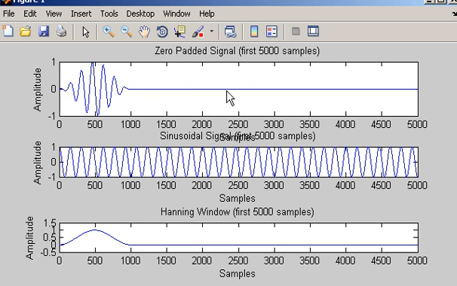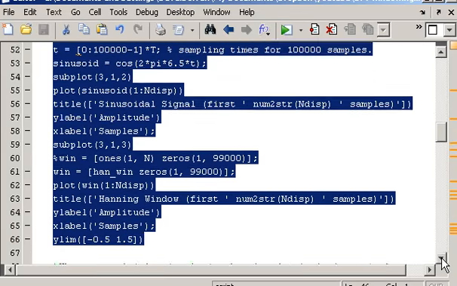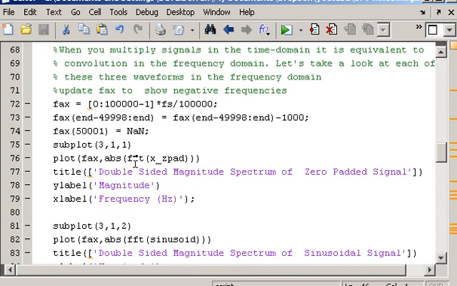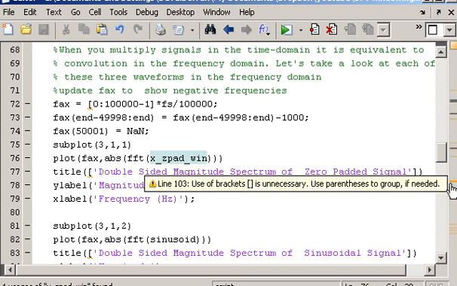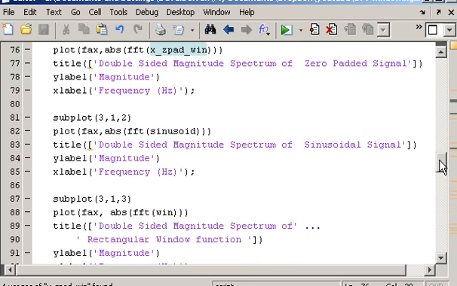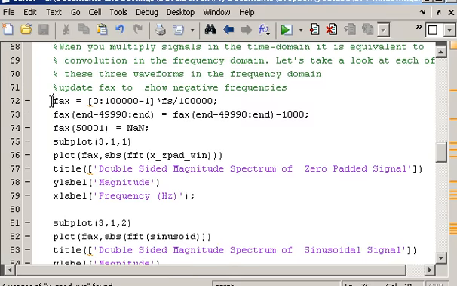Now let's go back in here and take a look at the frequency spectrum associated with that signal. That should be now x_zpad_win, and that win is updated. That's fine. I think that's all I need to change. So let's select that code and evaluate it.